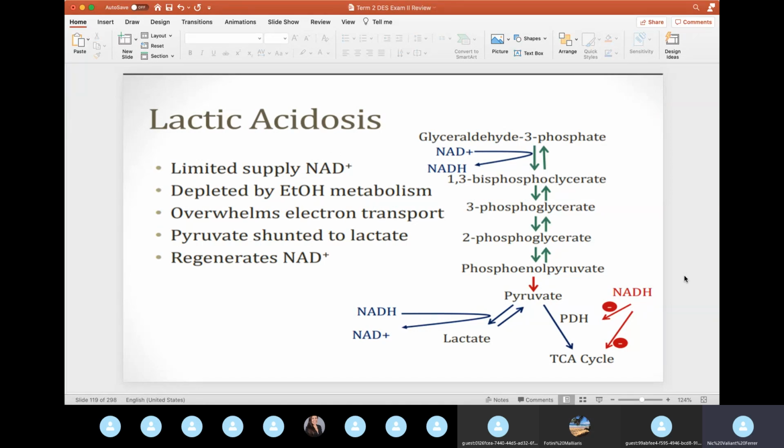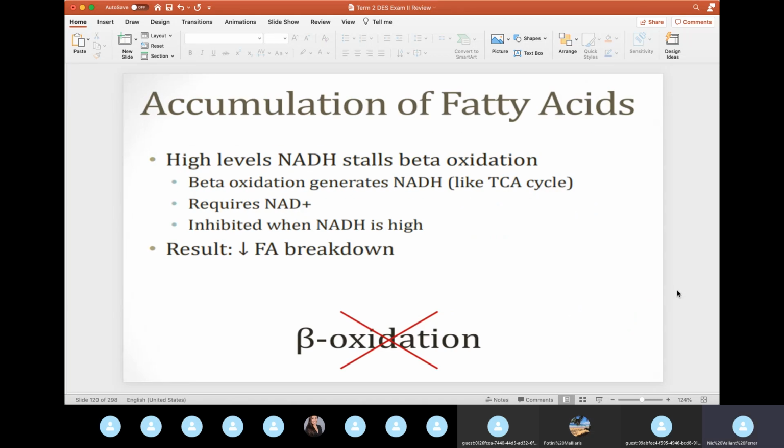Why do you have lactic acidosis? I've explained that. You have increase in pyruvate, which is shunted to lactate. You also have accumulation of fatty acids. Why? NADH. Everything is related to NADH. It stops beta oxidation. Therefore, you have decrease in fatty acid breakdown.